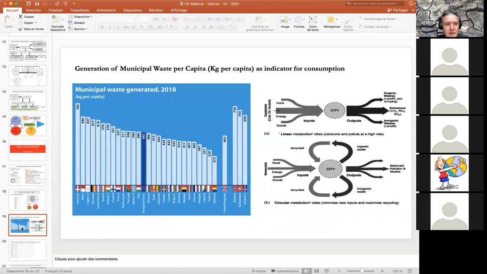Another example is the generation of municipal waste per capita. And you see, if you compare different countries, or if you take the European level, which is 492 kilograms per capita, the question is how we really design this as a security approach.